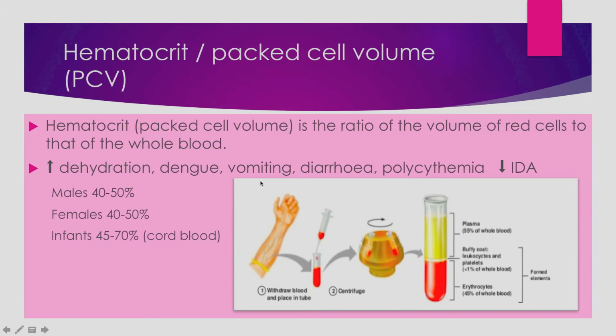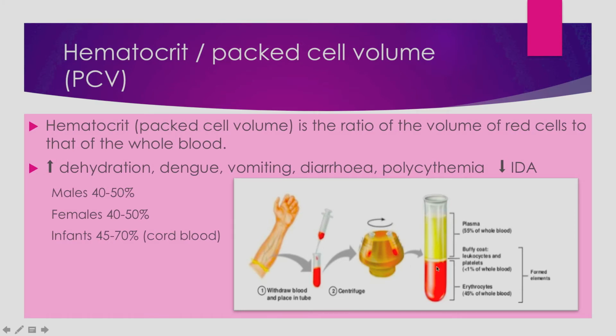These hematocrit levels are very important to assess dehydration. In dehydration, right, dehydration because of vomiting, dehydration because of diarrhea, or dehydration as in dengue, right? In dengue also there will be dehydration. So in dehydration in dengue, the hematocrit level increases.